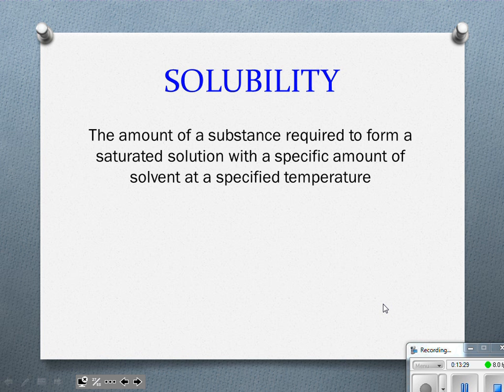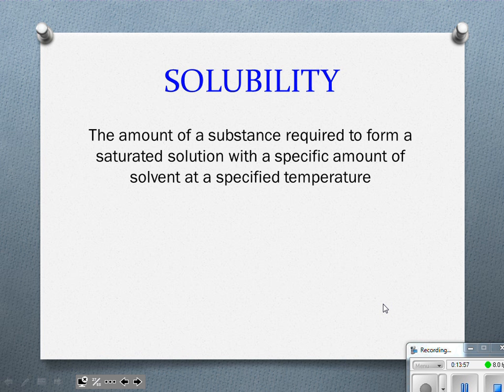So in order to have a solubility, I need to have three things. I need to have three things in order to determine a solubility. Can you see what they are? What's one of the things I need? A specific amount of solvent. What else? A specific temperature.